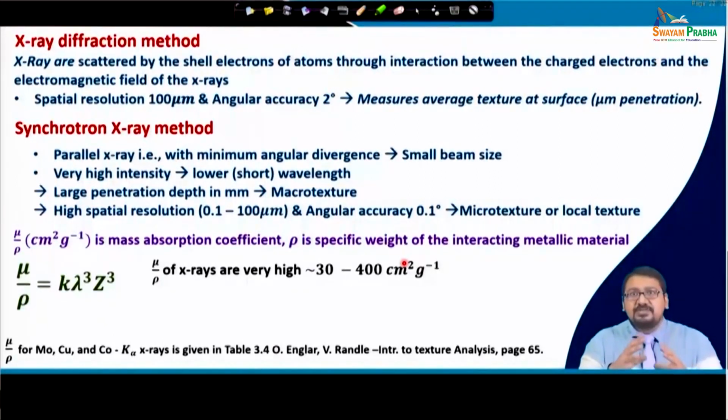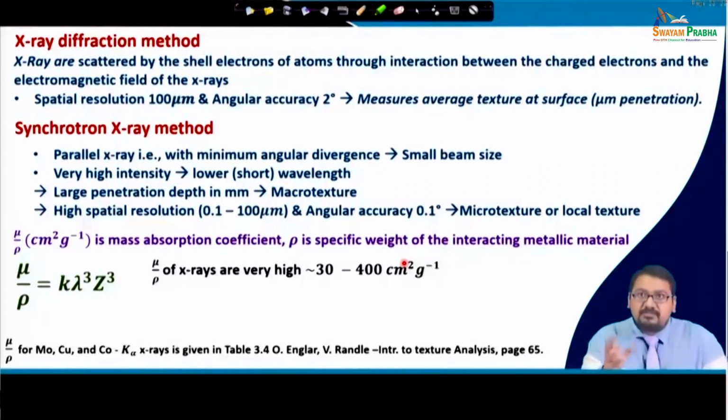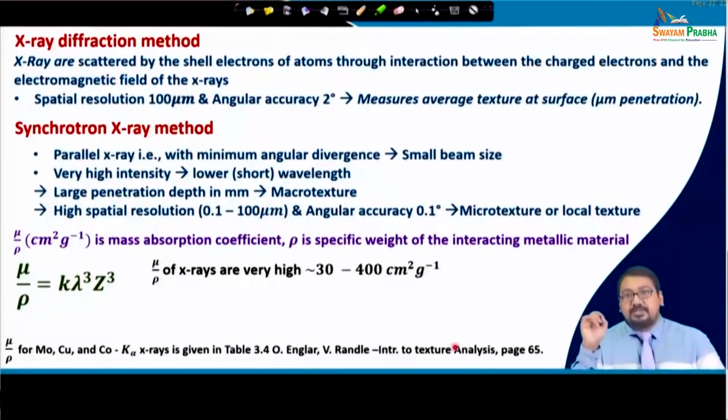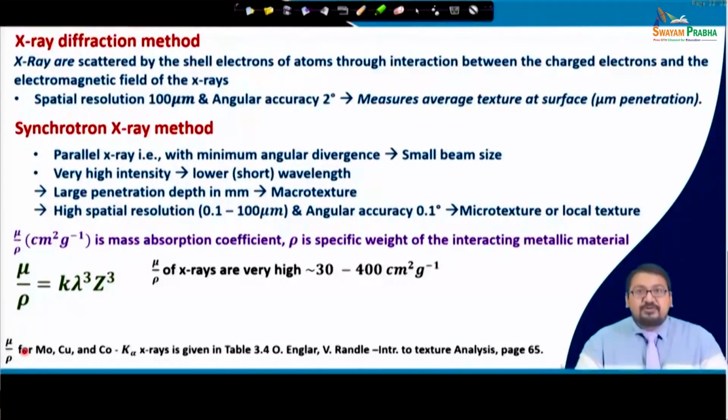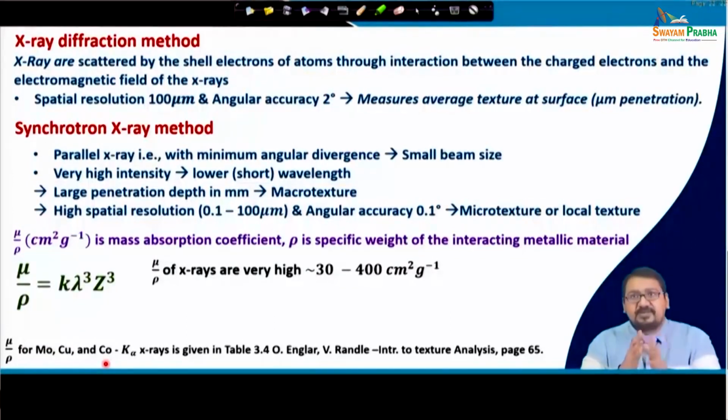So on average you can say that it is in a range of about 100 centimeter square per gram, as given in most of the reference books and textbooks. So if we look into the book by Valerie Randle and Olaf Engler, Introduction to Texture Analysis, the table for mass absorption coefficient for molybdenum, copper or cobalt K alpha radiation when it is interacting with different matter is given. It is table number 3.4, so you can go and check it.